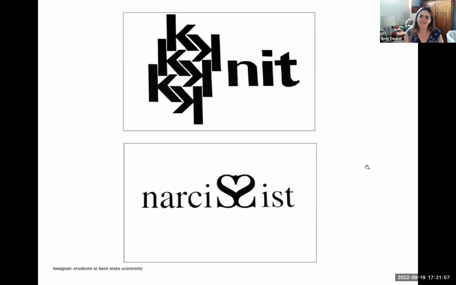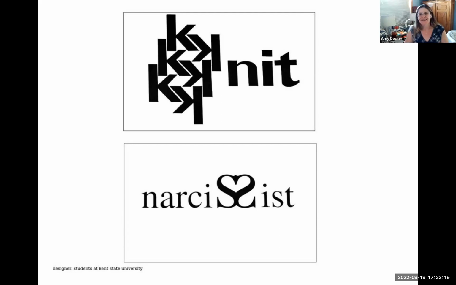Here are some examples from students doing this with words. What do we think? Here we have the K's basically looking like a knit, weaving the K's together so they feel like a knit pattern. Narcissists, there's been so much talk about narcissism, right? We all know a narcissist is in love with themselves.